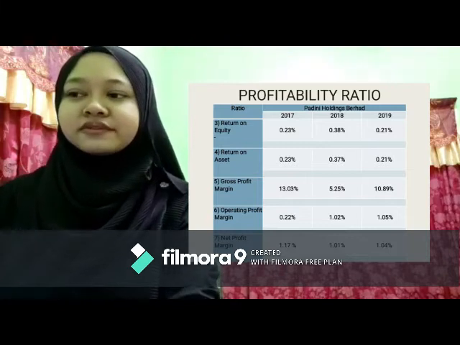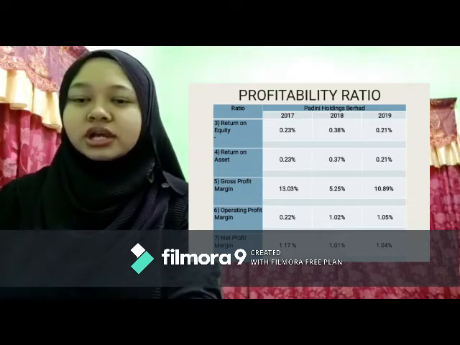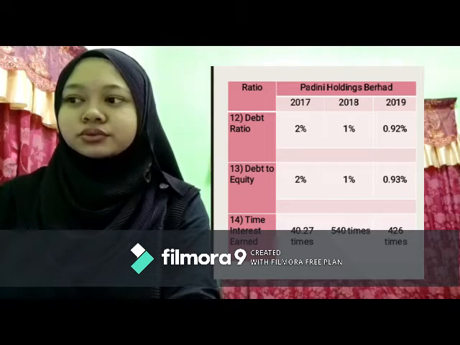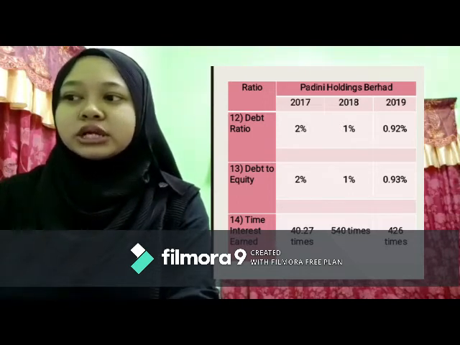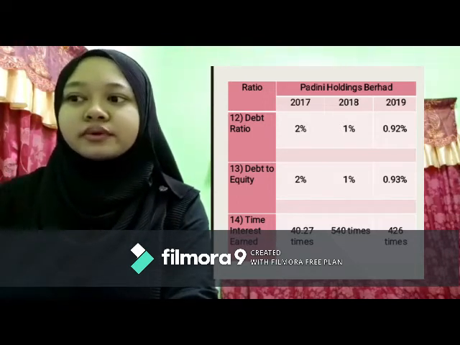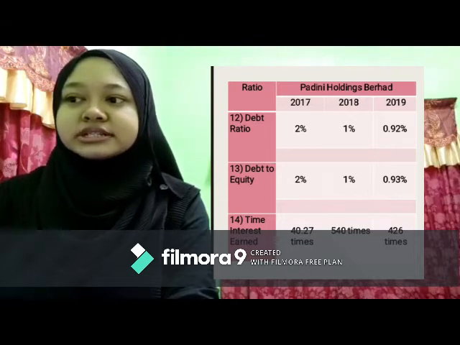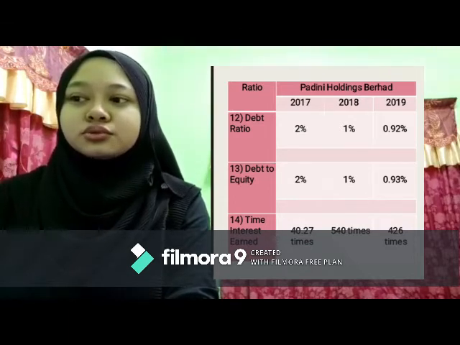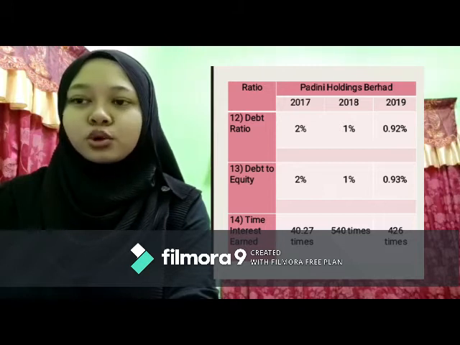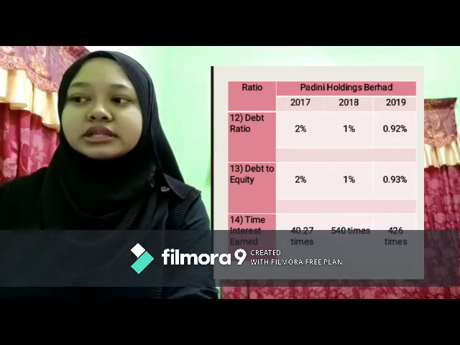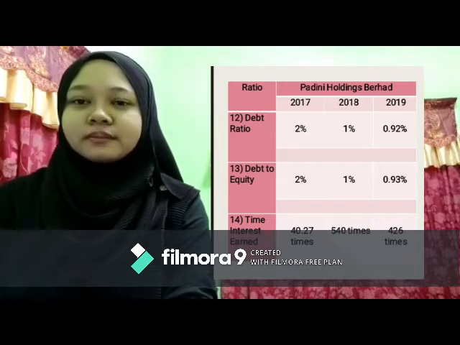And as for leverage and solvency ratios, firstly, debt ratio. In 2019, the company has a low debt ratio, which is 0.92% of total assets, compared to 2018 and 2017, which is 1% and 2%.